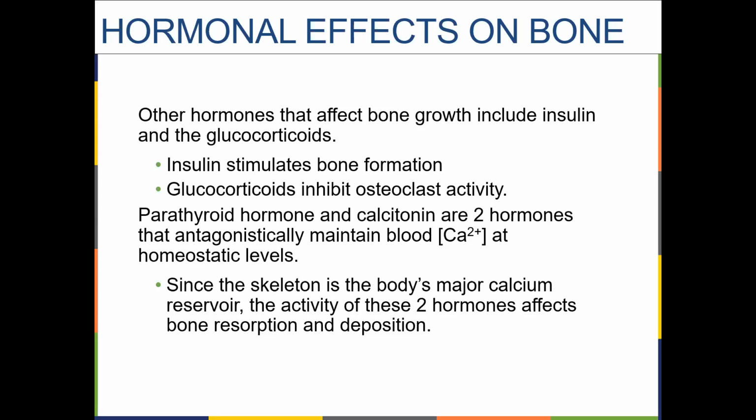So we dissolve our bones. So we use parathyroid hormone to bring our blood calcium back up. If our blood calcium gets too high, we use calcitonin to bring it down, and that stimulates bone growth. So these two hormones are going to work against each other to regulate our blood calcium levels.